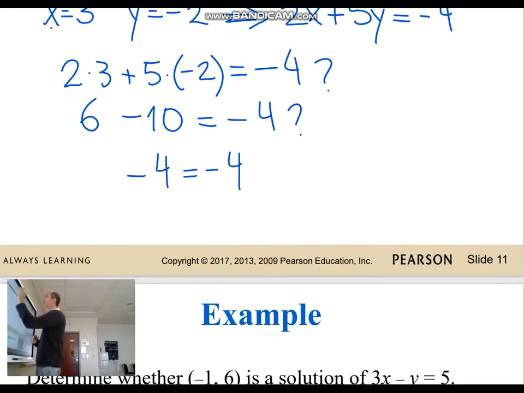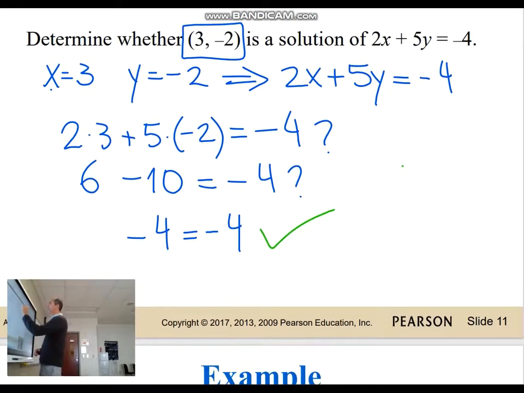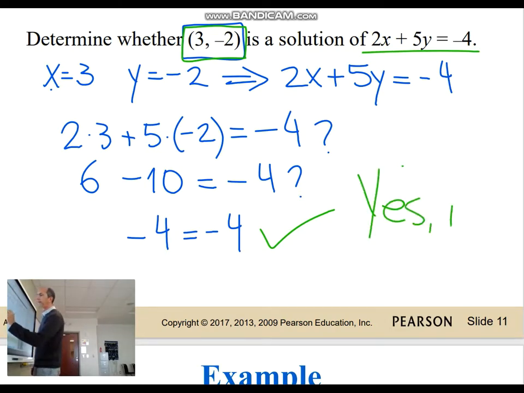Yes, that's true. That's a true statement. That means, yes, the ordered pair is a solution for the given equation. Yes, it is a solution.